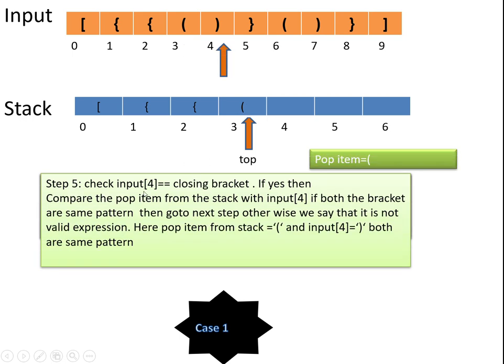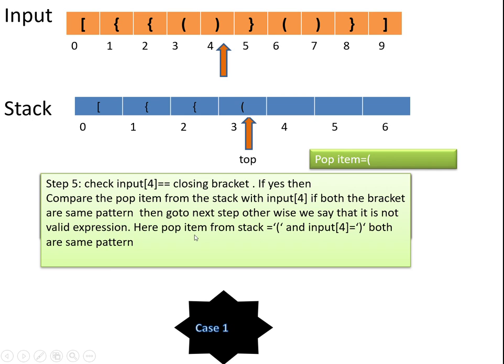Step 5, if it is a closing bracket, then compare the popped item from the stack with input 4. If both the brackets are the same pattern, then go to the next step. Otherwise, we say that it is not a valid expression.